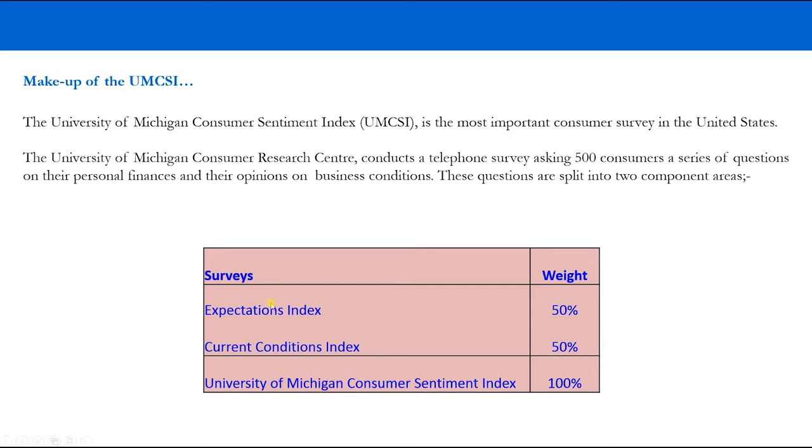The Expectations Index is the questions that they get asked on their expectations of future business conditions, and for the Current Conditions Index, they get asked about what their thoughts are on the current business conditions and current personal finances.